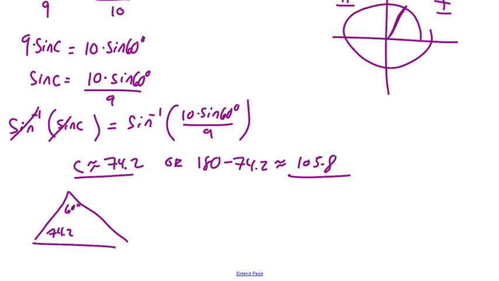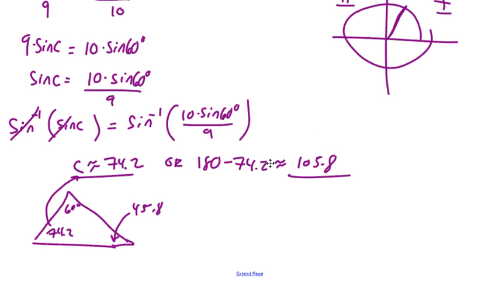Now watch this, because I'm going to show you that it's possible to have two types of triangles right here. So if I add 60 and 74.2, that's going to give us 134.2. So if I subtract that from 180, then that means that this angle right here must be 45.8, right? And this actually is close. So that's given that we use 74.2 as our C.